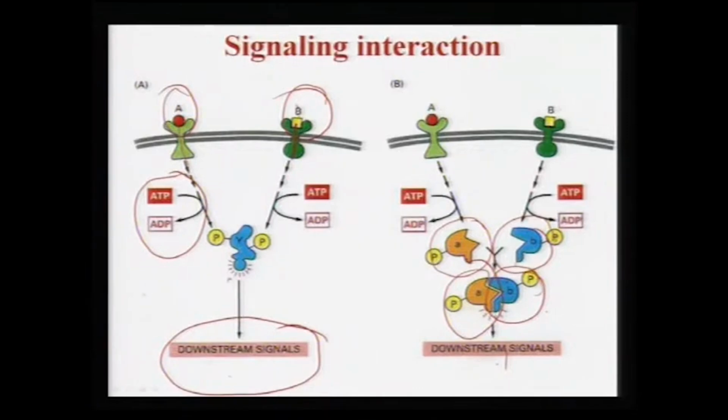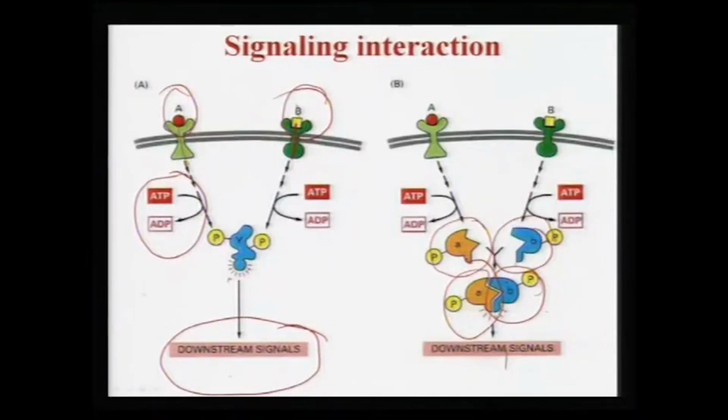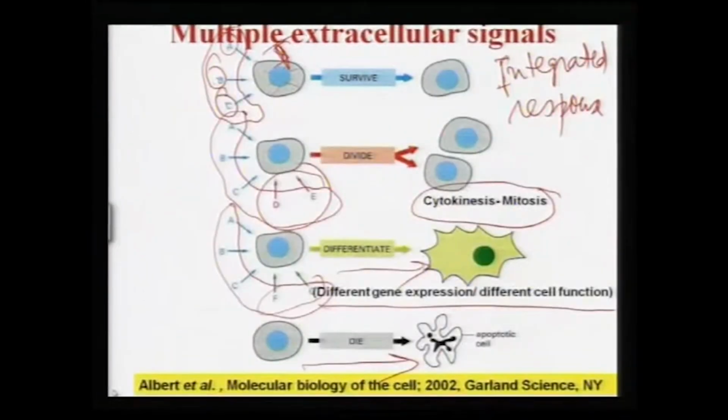That means the signaling pathway is how an individual signal molecule causes the signal transduction process inside the cell. So, this is pathway number 1, this is pathway number 2. Integration means it can be either 1 plus 2 or it can be more than that. That means the net result will be much stronger than what you get from an individual signal. For example, suppose there is only one signal, A, and if you have 2 or 3 multiples of that, what will happen?